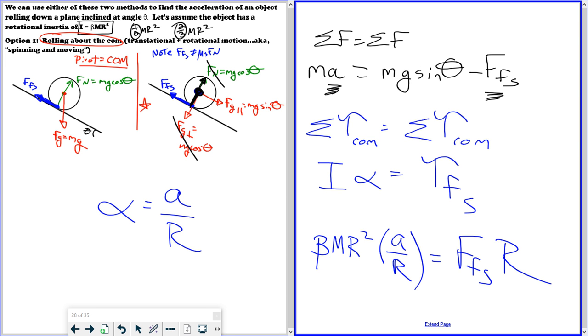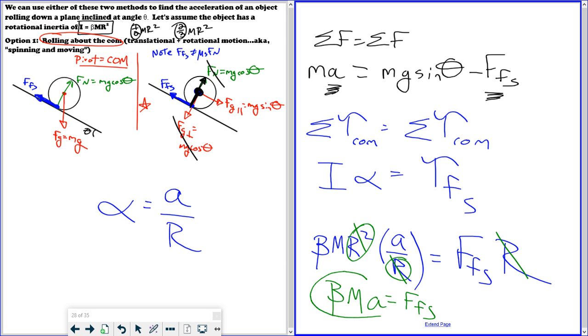If I multiply both sides by r, basically all of the r's cancel, because here I've got r squared over r, which is r, and then that r cancels this r. So this blue equation becomes beta times mass times a equals force of static friction.